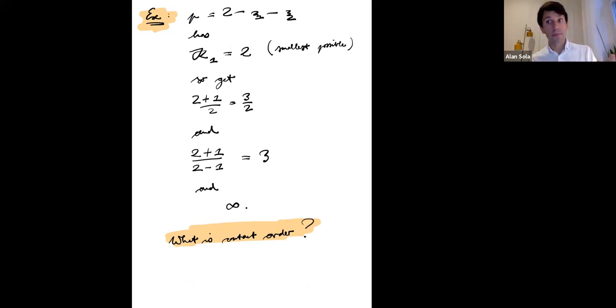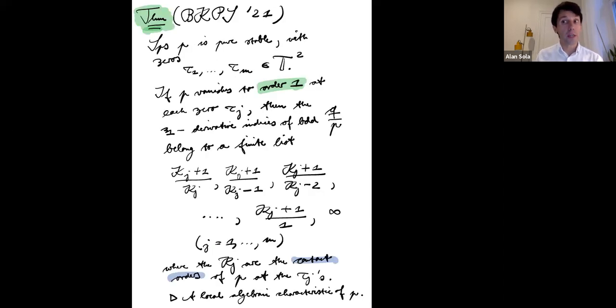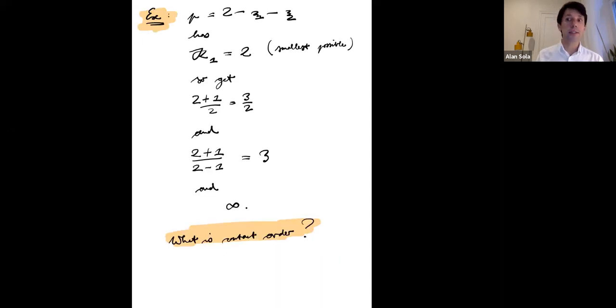I can work out what this algebraic characteristic, the contact order, is for the polynomial 2 minus z1 minus z2, and it turns out that it's equal to 2. And this turns out to be the smallest possible contact order you can have in the presence of a zero. Let's see, what do I need to look at? I need to look at kj plus 1 divided by kj. When k is equal to 2, this is 3/2, so that checks out.